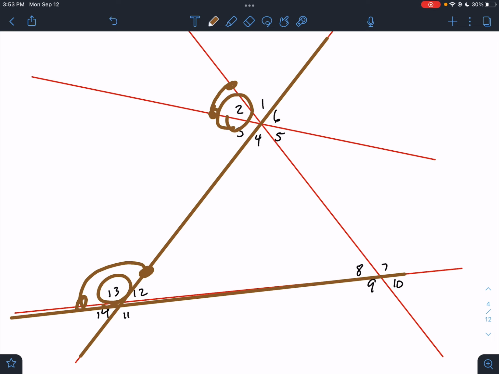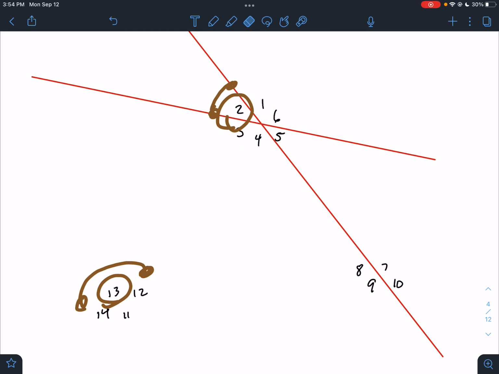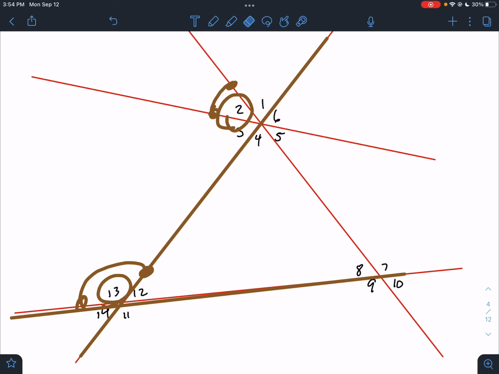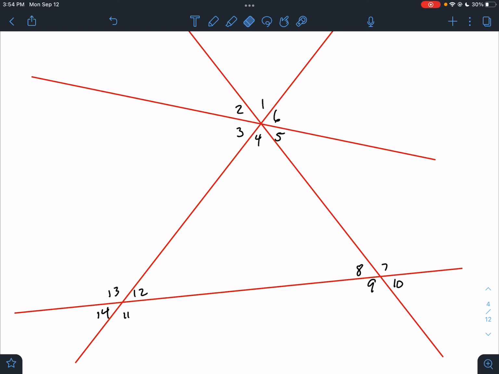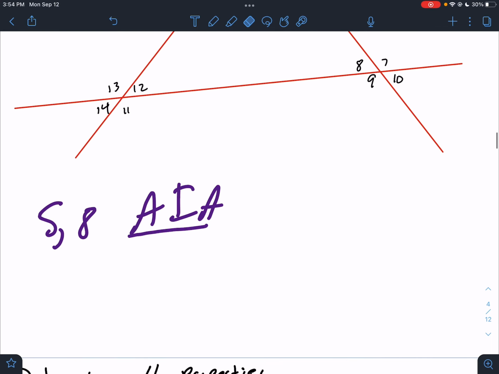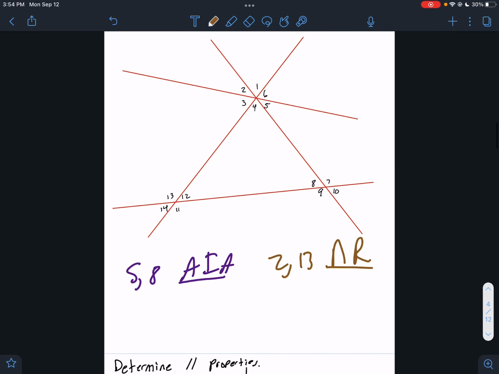Nope. They have no lines in common. As a matter of fact, I could delete angle 13 entirely. There is no angle 13 now, and angle 2 is unaffected. So if that happens, there's no relationship. So 2 and 13, no relationship. If you don't have a transversal, you don't have a relationship.